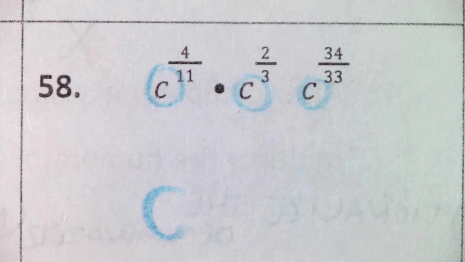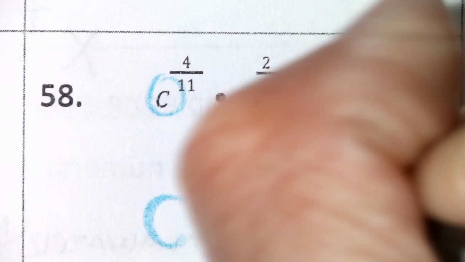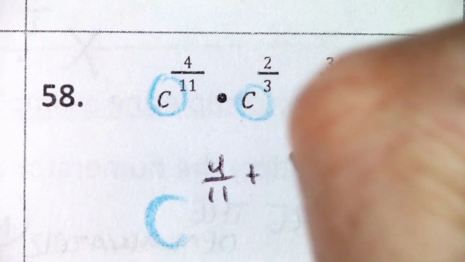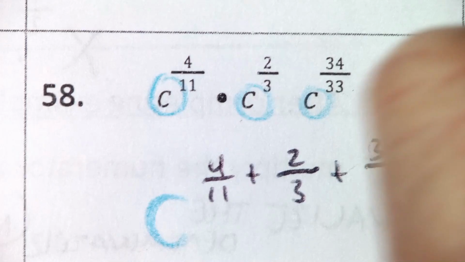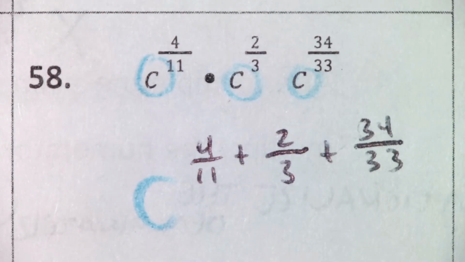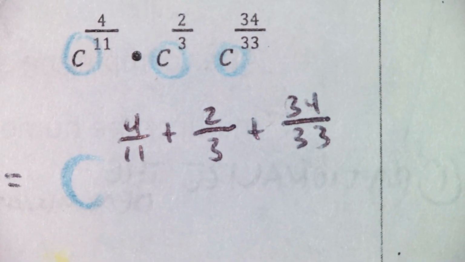Alright, 58, I got c's on my bases. That's good. So now we can add the exponents. 4/11 plus 2/3 plus 34/33. Well, I want them all to have the same number on the bottom there.